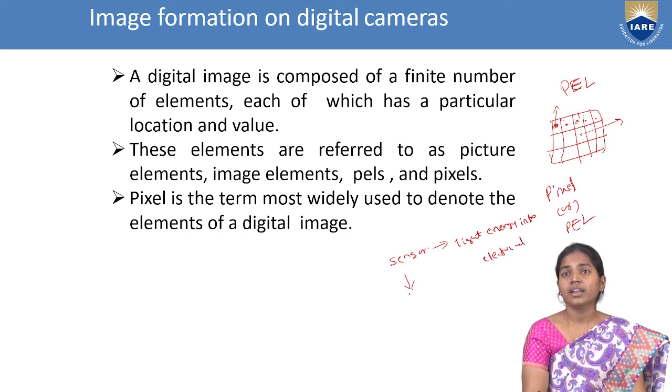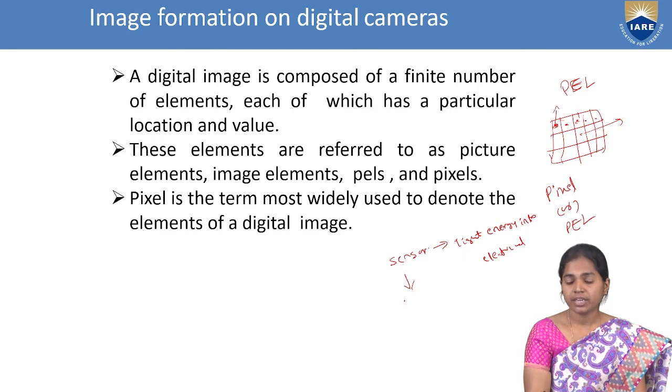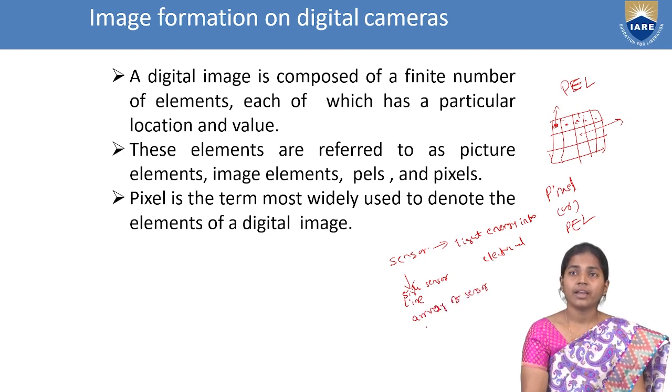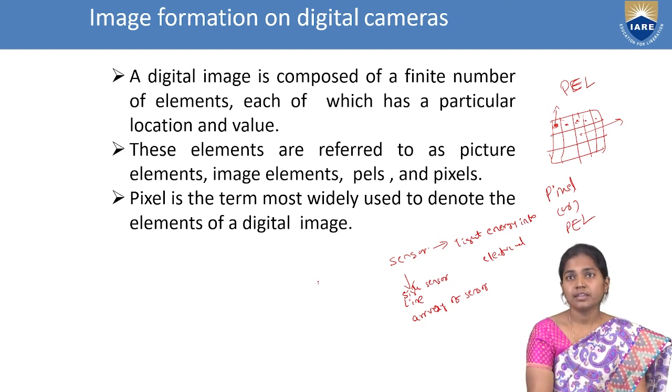And we have different types of sensors: the single sensor, the line sensor, and the array of sensors. Here, single sensor means we are using only a single sensor.